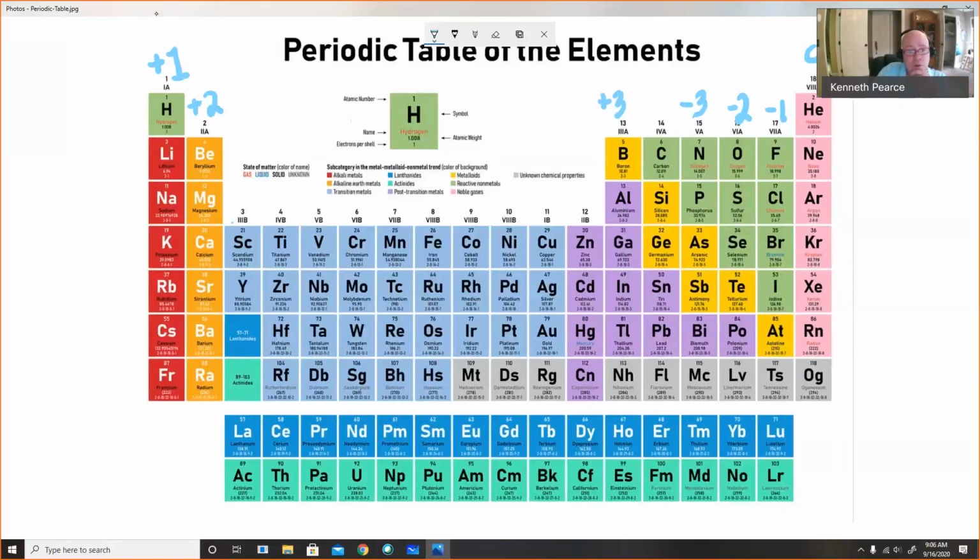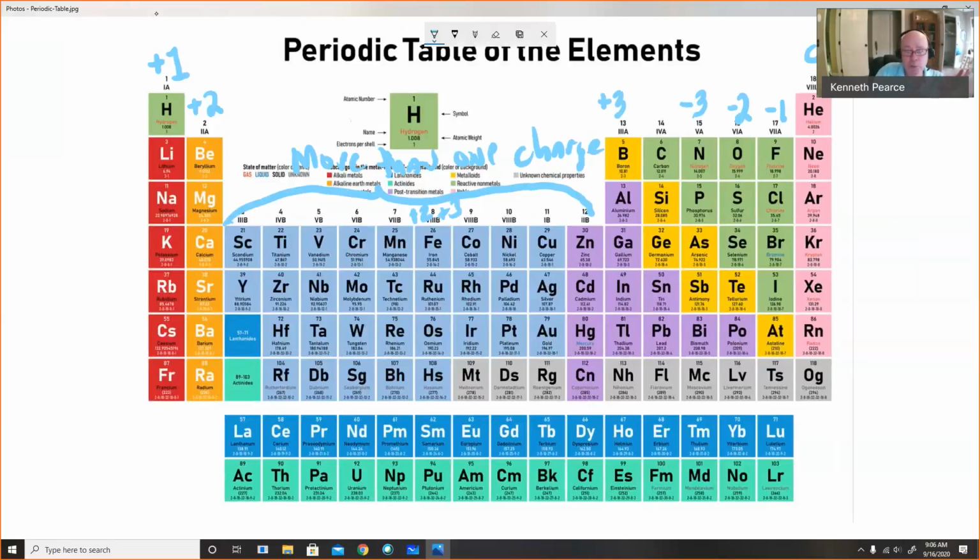Now, the elements in the middle, though, the transition elements, they have more than one charge. Okay, and for those, we don't know ahead of time what the charges are going to be, and you don't have to memorize what the charges are on the periodic table. But on the periodic table, for instance, iron is +2 or +3, and cobalt's +2 or +3, and nickel's +2 or +3.